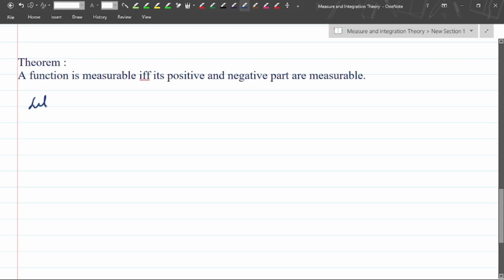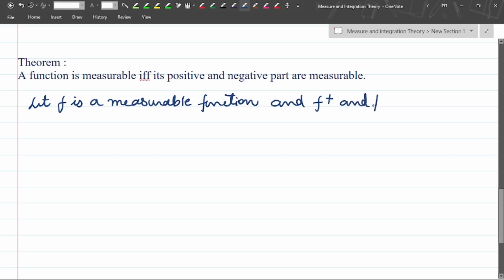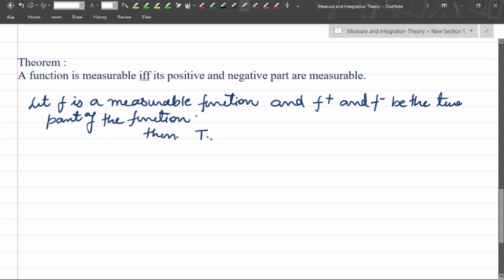So let f be a measurable function, and f plus and f minus be the two parts of the function. Then what we want to show is that f plus and f minus are measurable.